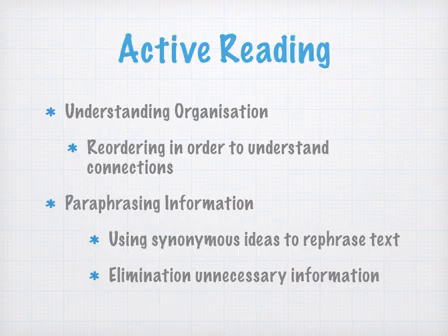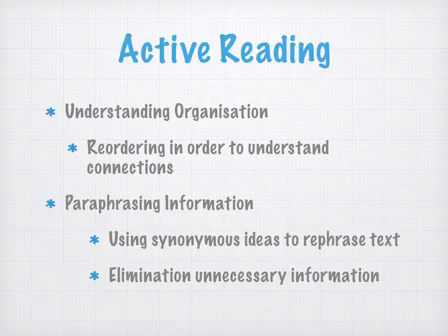Active reading is when you have a deep understanding of the text, and you're looking to understand the organization. That is to say, you're reordering in order to understand connections. You're able to reorder the information and understand how things are connected together, how the main ideas are connected together. And you're also able to paraphrase information.